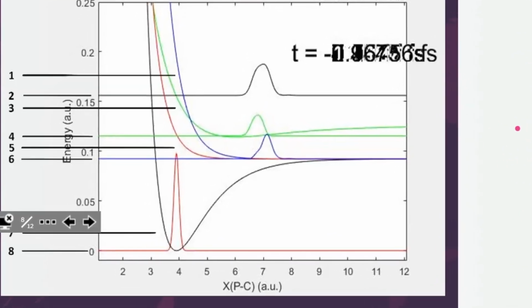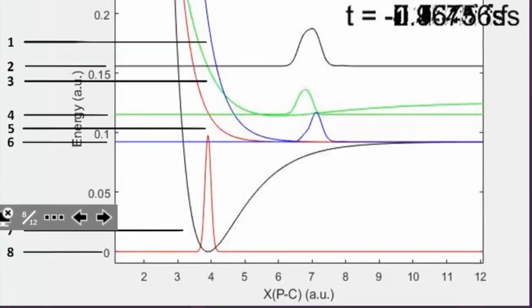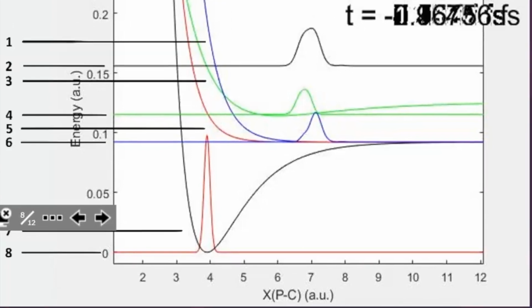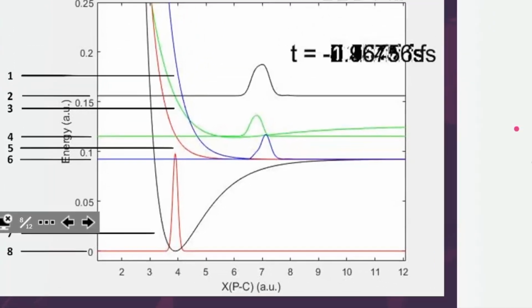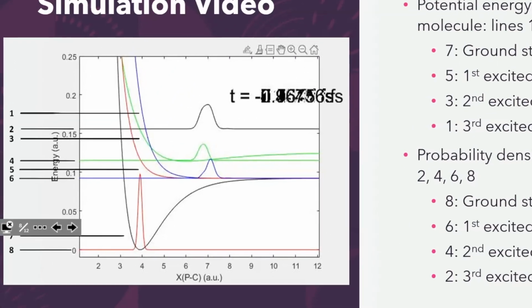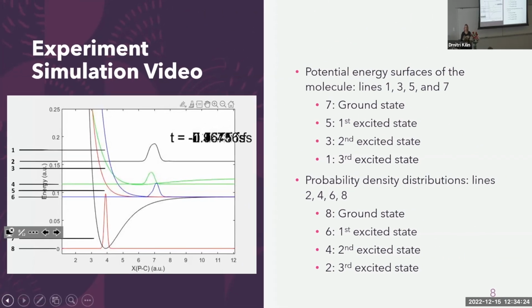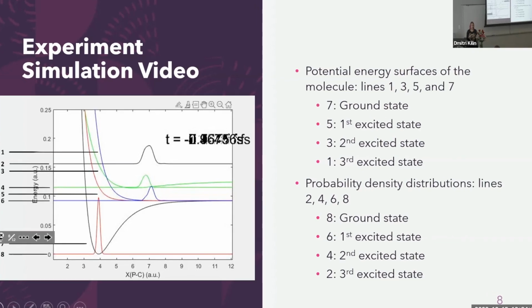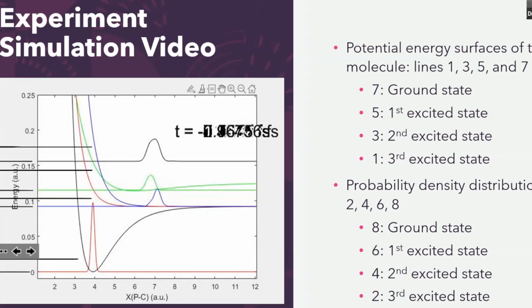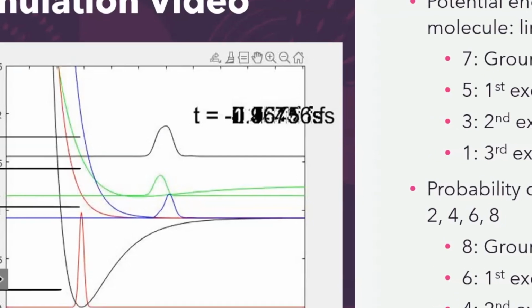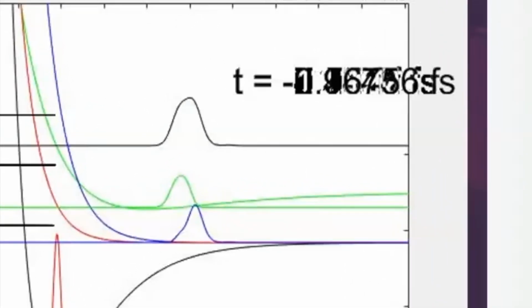So these lines, 1, 3, 5, and 7, don't change in the video as time goes on, but you can see as the number of cycles increases, the probability density distributions, so these humps right here, will change.